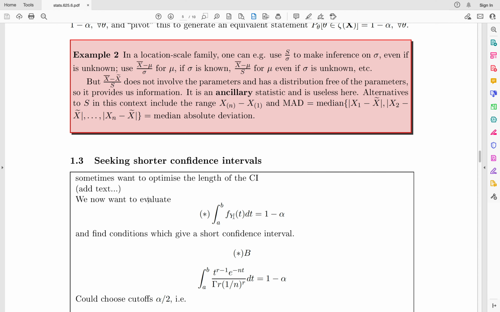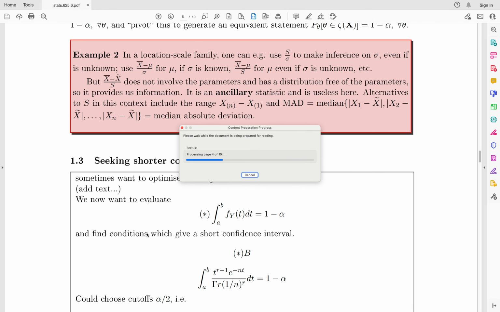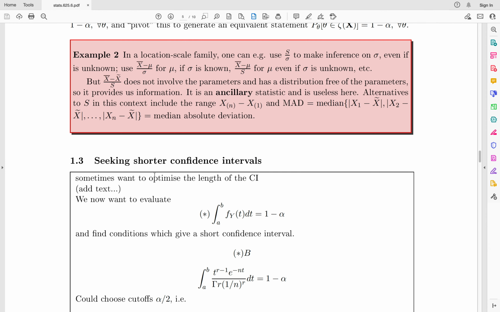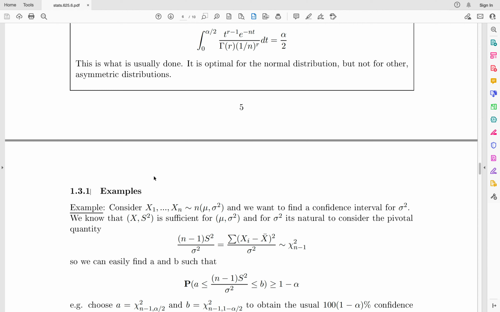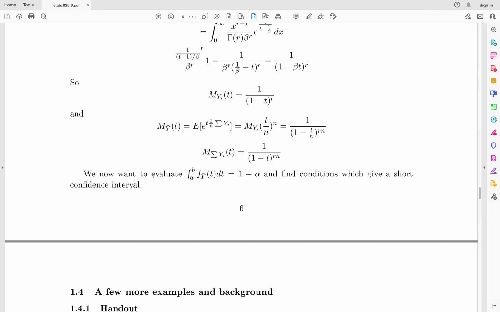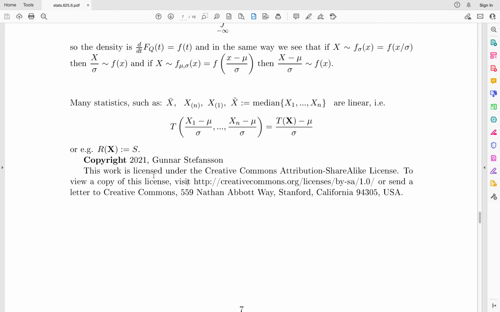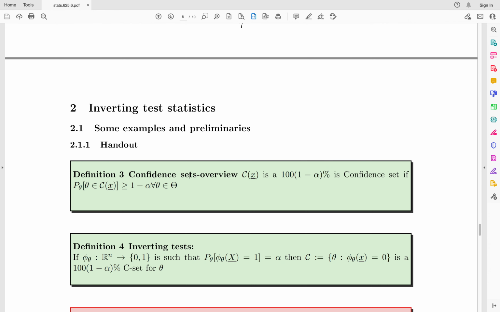And this usually becomes an exercise involving a Lagrangian or something similar. This is not too hard to do in certain distributions, and it's much harder in others. So here's some draft examples, and here is a whole bunch of more confidence intervals.